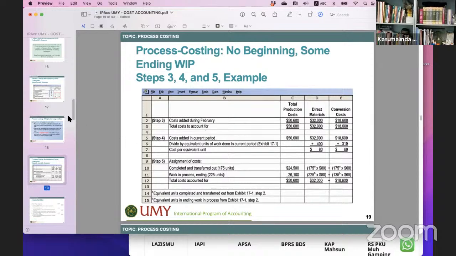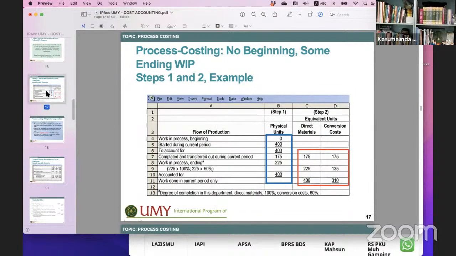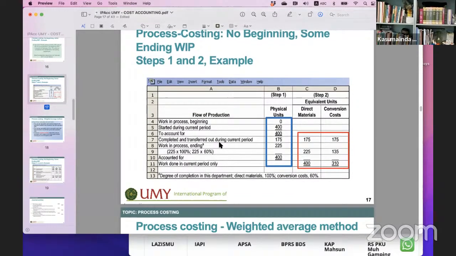I go back to the previous table here in step 1 and 2, because I want to relate you with the physical units here. The whole table here, we analyze the units, the units produced, nothing to do with the cost. If you look here, there is no dollar sign.